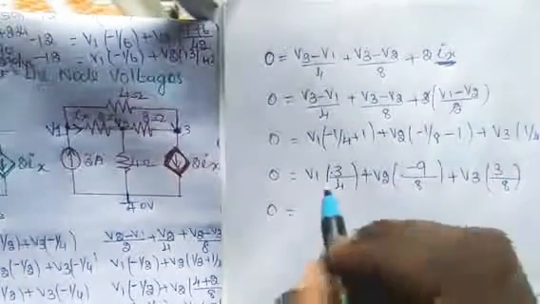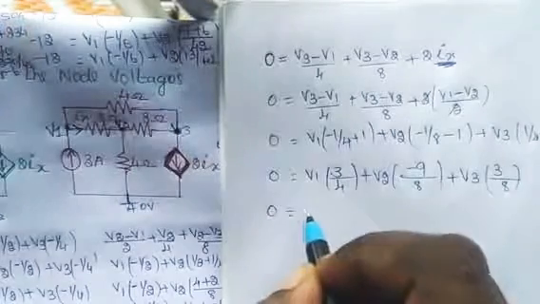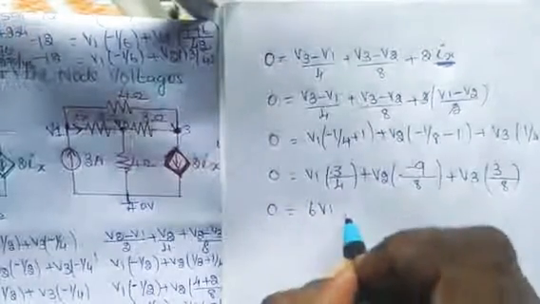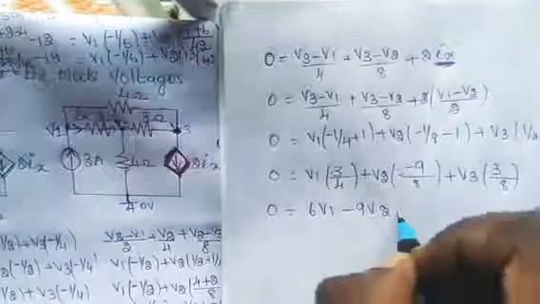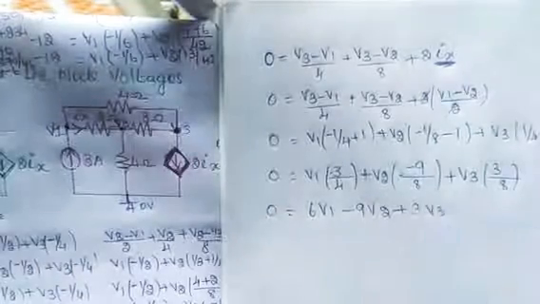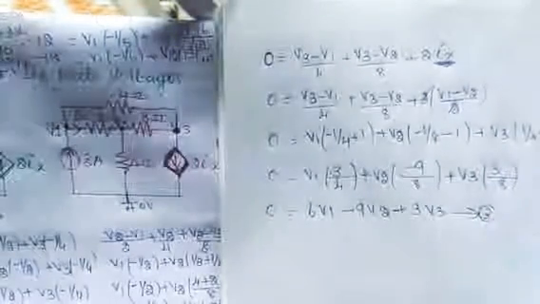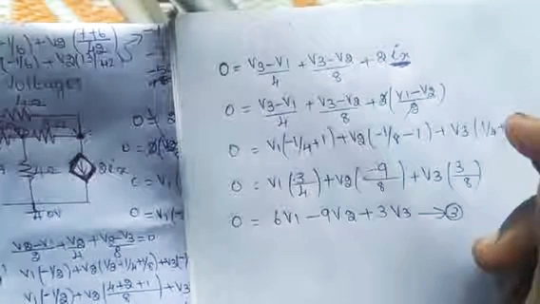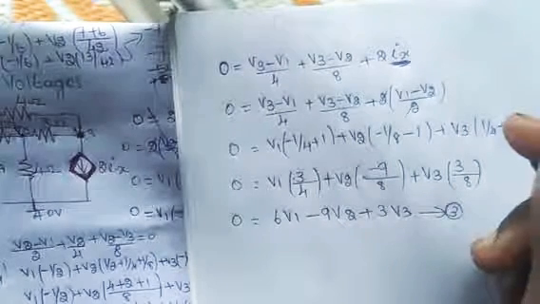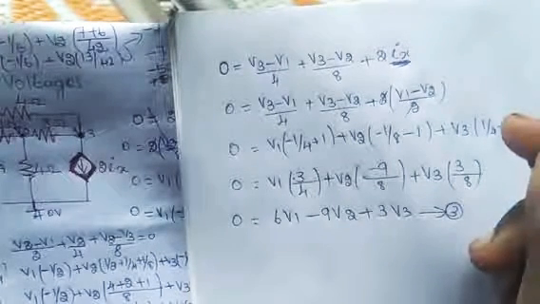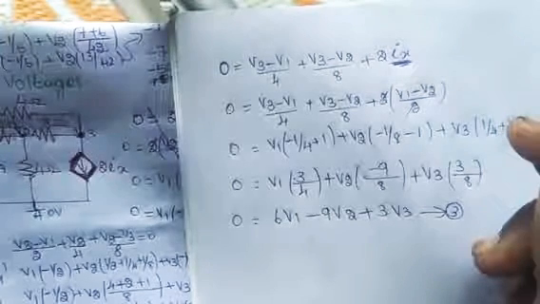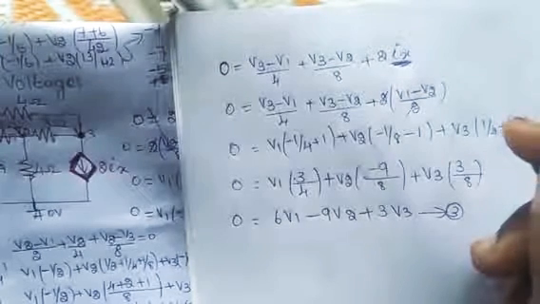Multiply the whole equation by 8. So 0 is equal to 6V1 minus 9V2 plus 3V3. This is our third equation. We have got three equations by applying KCL to each and every non-reference node. By solving those equations, we will be getting V1, V2 and V3.